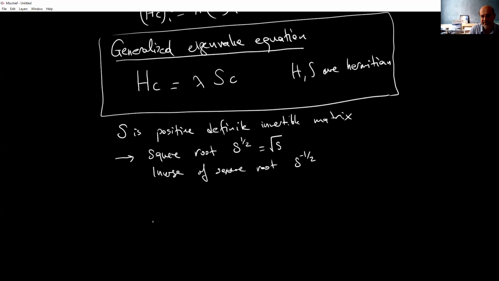So what I do is I multiply this equation by the inverse of the square root. Let me first write this thing down like that, okay? So the equation is this in that case. And I'm going to simplify step by step.